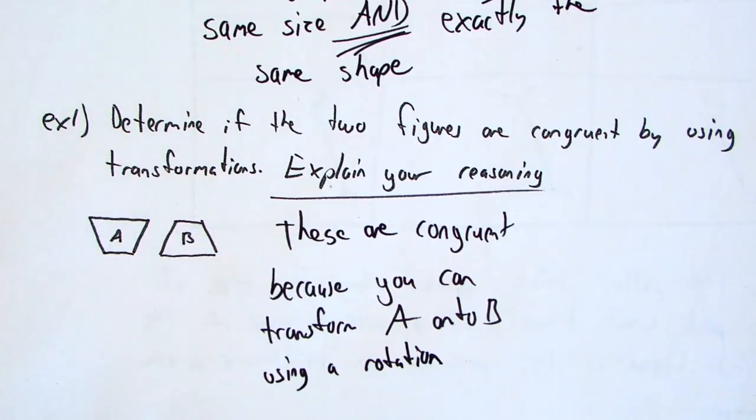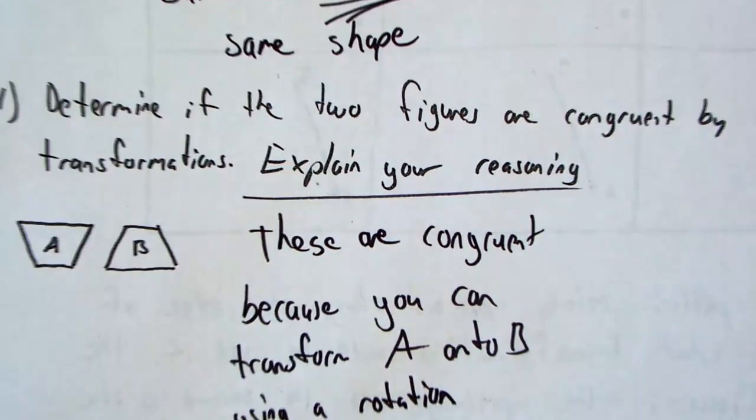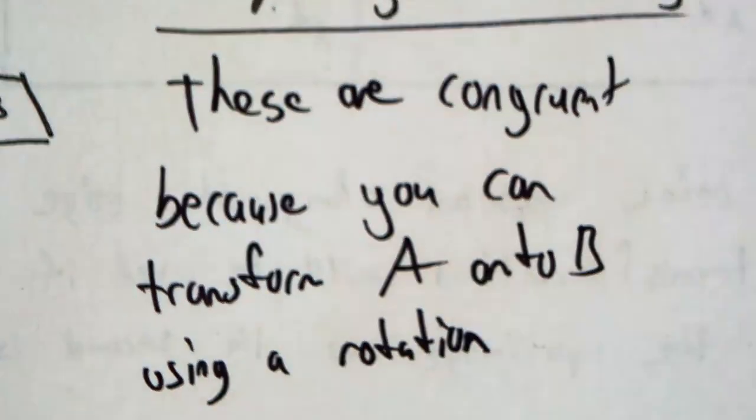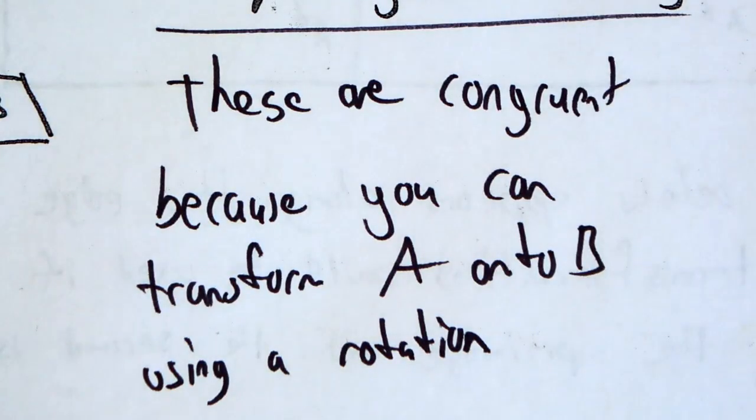And that's very important how that gets worded. So again, we're going to talk about congruency or not. These two are congruent, and the reason why we can say that is because you can transform A onto B. And the way that we do that is by using a rotation. That's important.